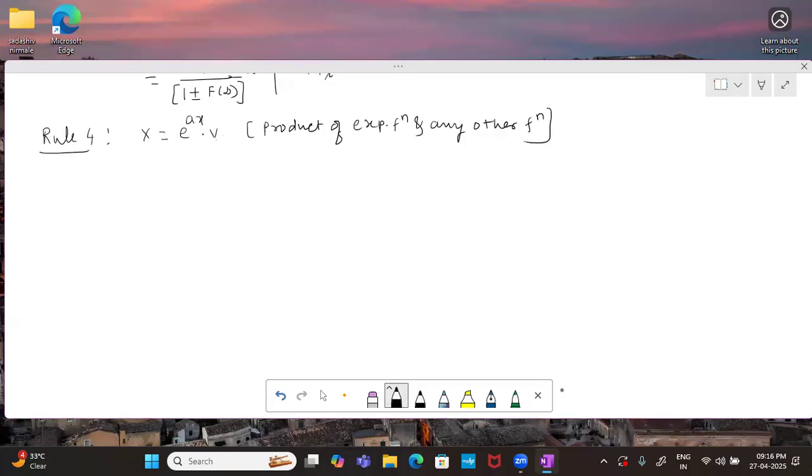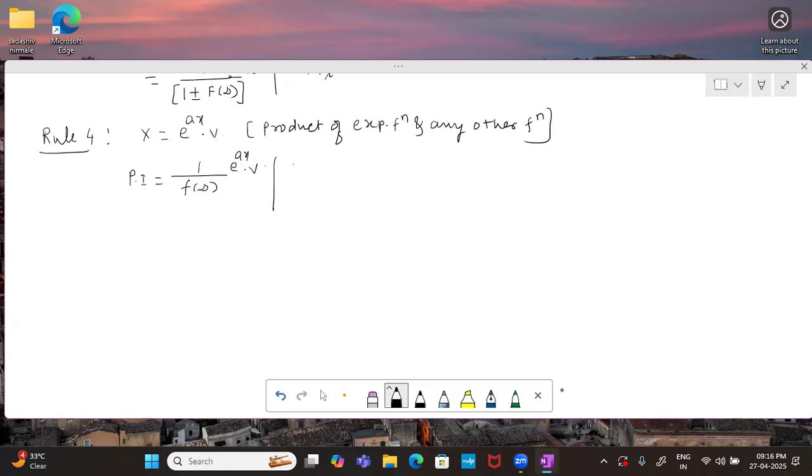V is any other function. When PI of this product is required, the working rule is like this: PI is equal to 1 upon f of D, e raised to ax into V.